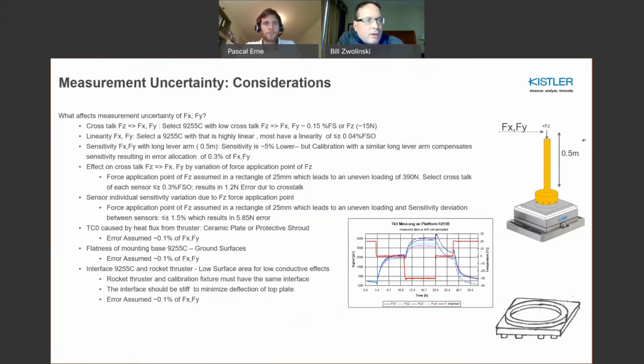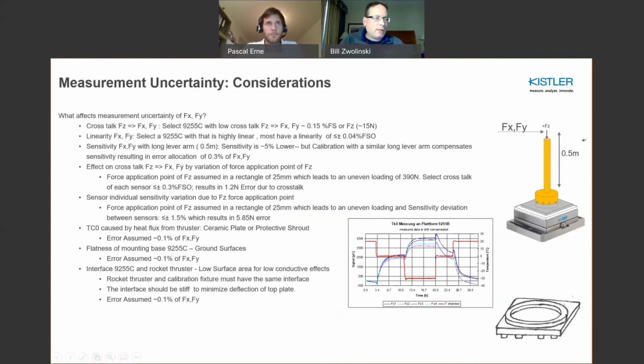Certainly the effect of crosstalk in the variation of the force application point, as well as the individual sensor sensitivity variation due to the FZ force application point. So there's going to be variation. I mean, with the best estimates, there will be some variation, and that variation has to be accounted for in the error budget or uncertainty budget.